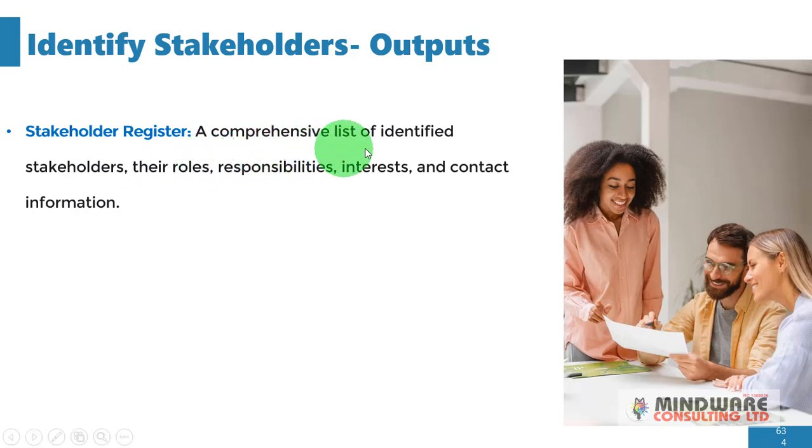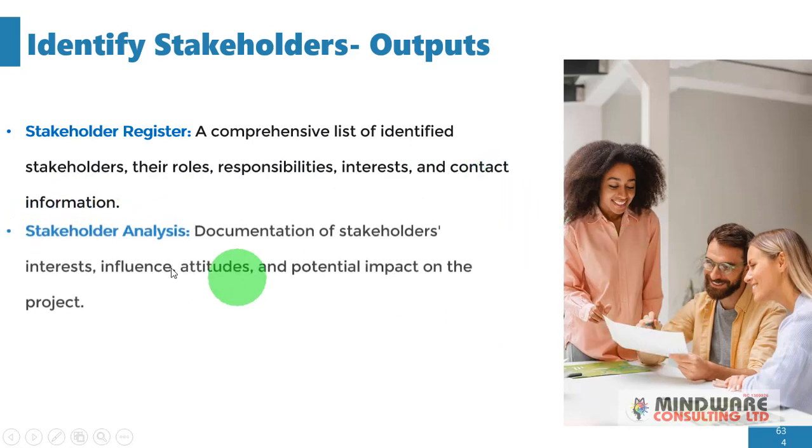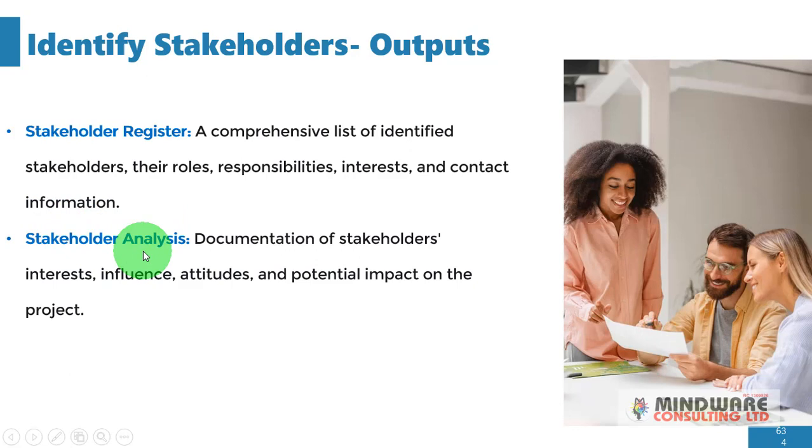It is a comprehensive list of identified stakeholders, their roles, responsibilities, interests, and contact information. Very important. Remember, you're going to be communicating with these stakeholders throughout the life cycle of the project. So if you're going to do that, you need to have their contact information, their details, their data.